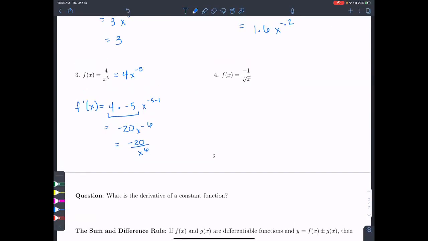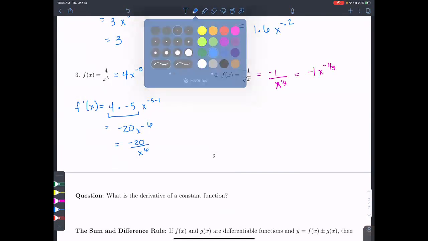For number 4, we can do a similar thing, rewriting this function. We have negative 1 over x to the 1/3, the cube root is a 1/3 power, or you can write this as negative 1 times x to the negative 1/3.